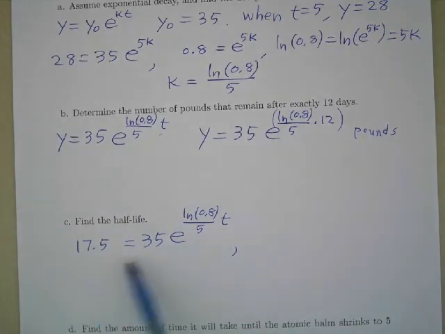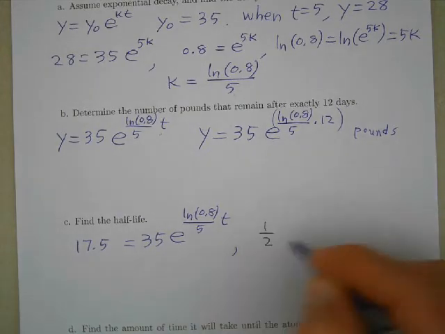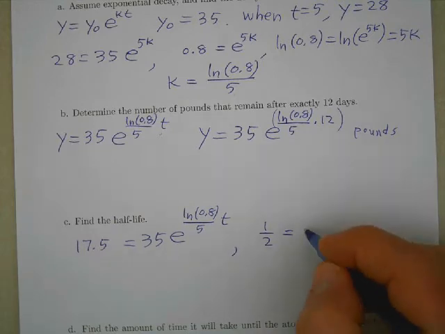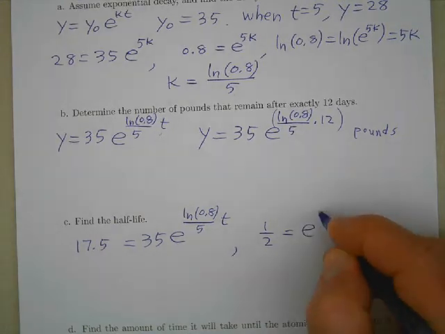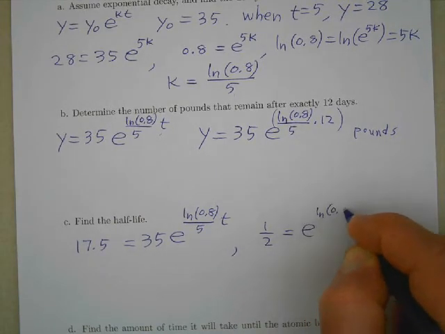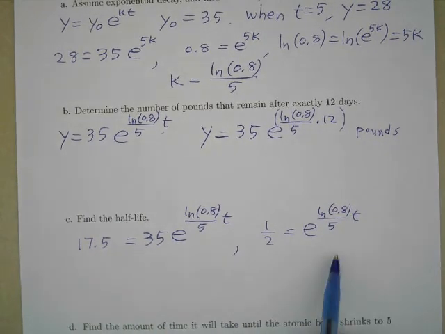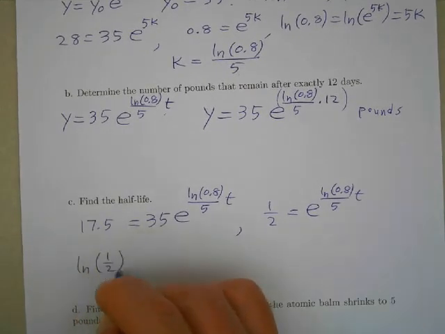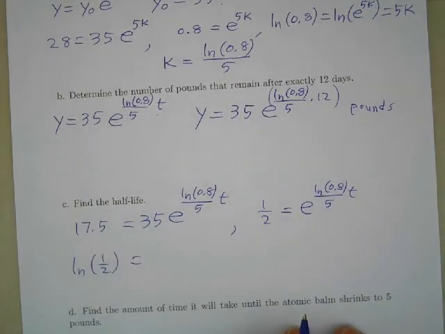When you divide both sides by 35, the left-hand side is 1/2 because 17.5 divided by 35 is 1/2, and that's equal to e to the natural log of 0.8 divided by 5 times t. Then we compute the natural log of both sides, the natural log of 1/2 on the left-hand side, and the natural log of the right-hand side.